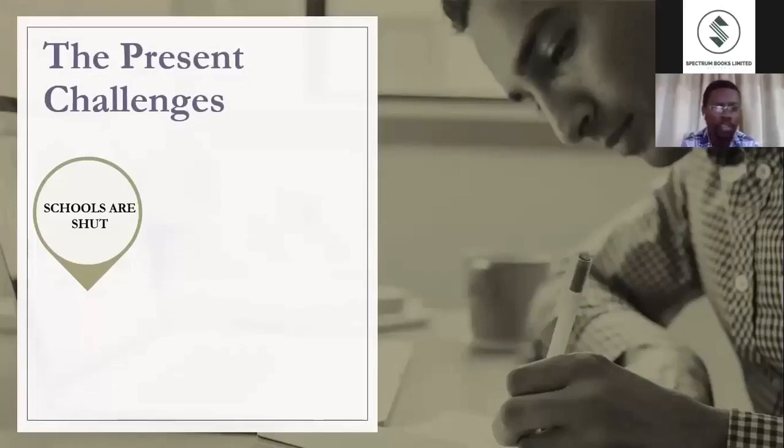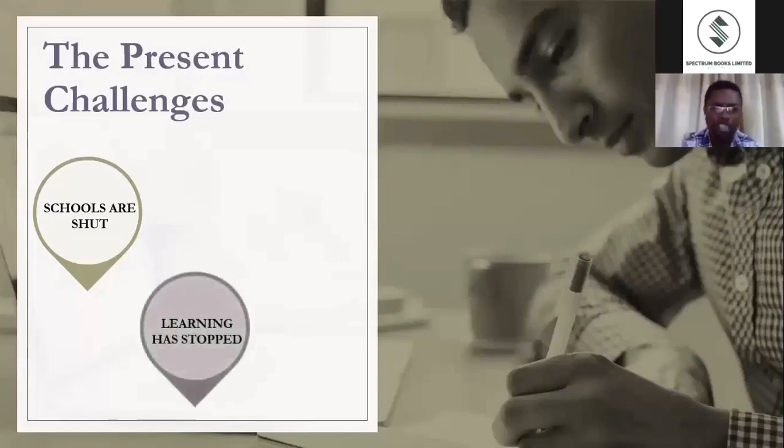I know that at that point, the government there recognized that a time is coming when the schools will be shut. So what they did was to gather their teachers together, local government by local government, districts and states, and trained their teachers because they envisaged a time that schools were going to be completely shut. So that's the first challenge that has come up.